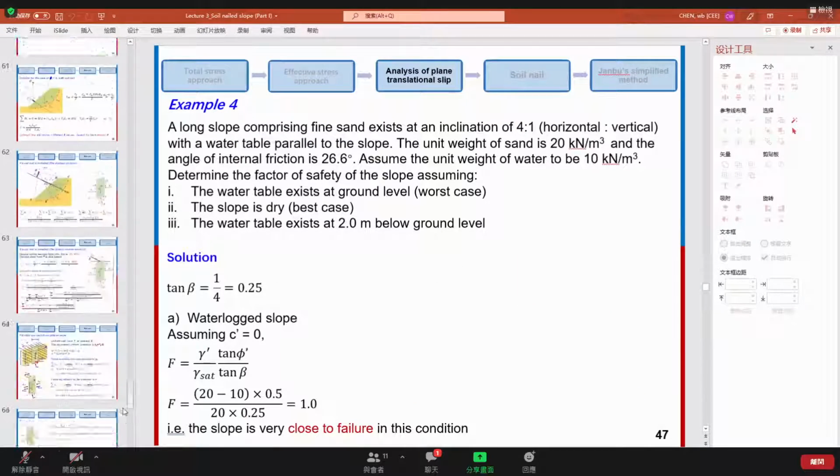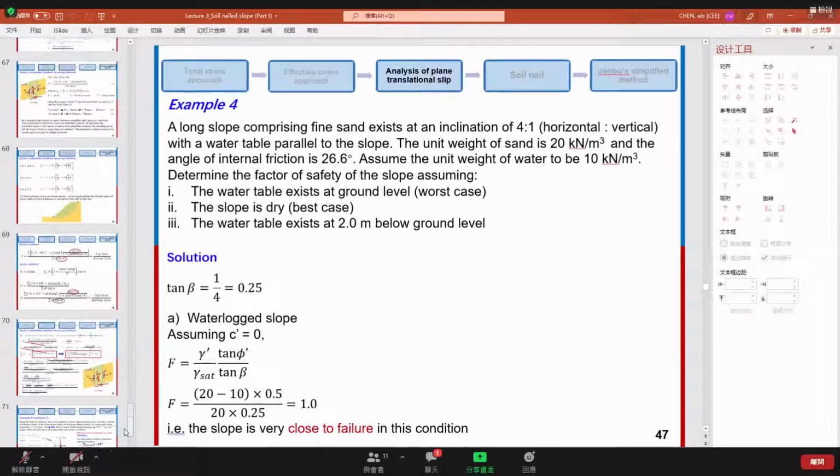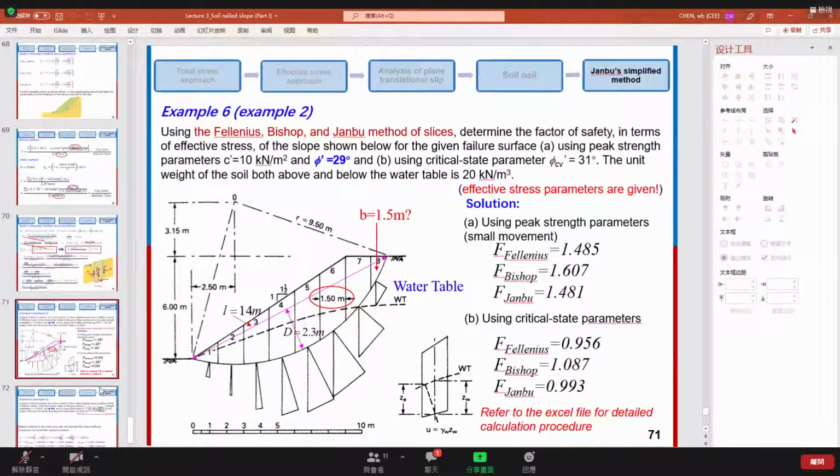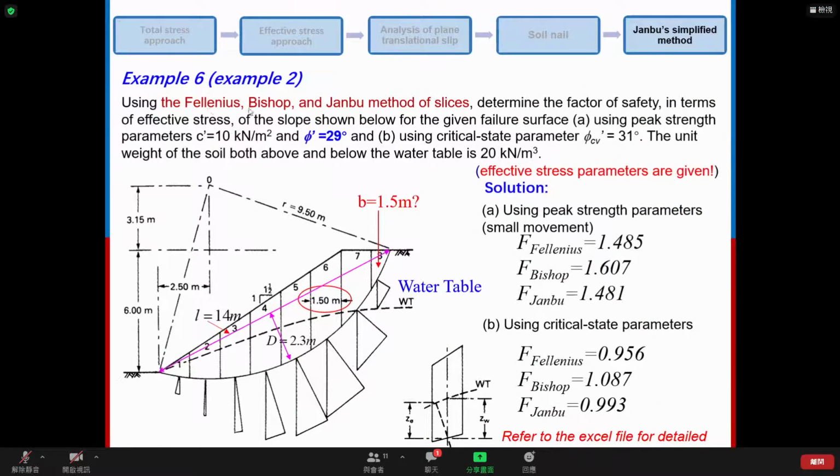For this part 1, we still have one example left. Using the Fellenius, Bishop, and Janbu methods of slices, determine the factor of safety in terms of effective stress. For sub-question A, use the peak strength parameters c prime and phi prime. For sub-question B, use the critical state parameter phi cv prime equal to this value.